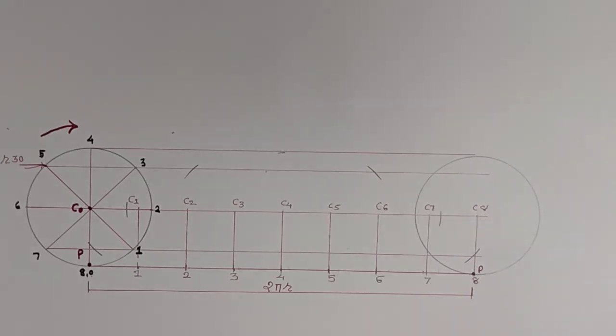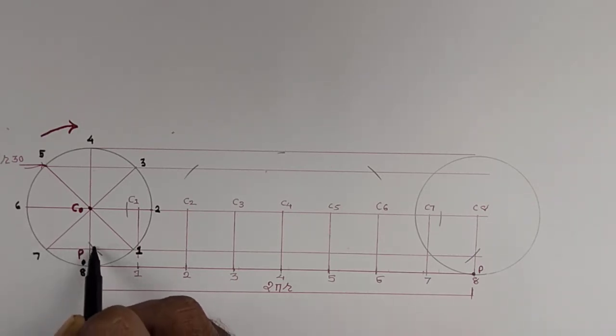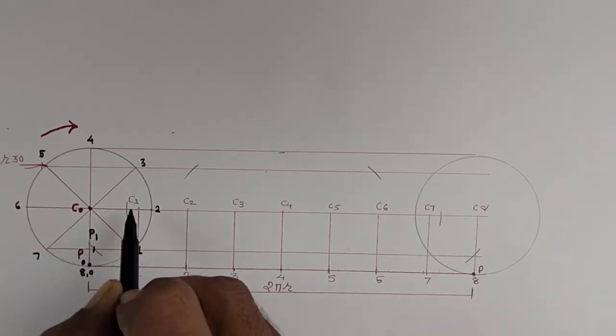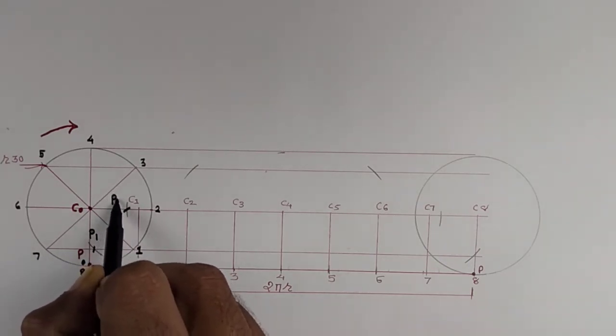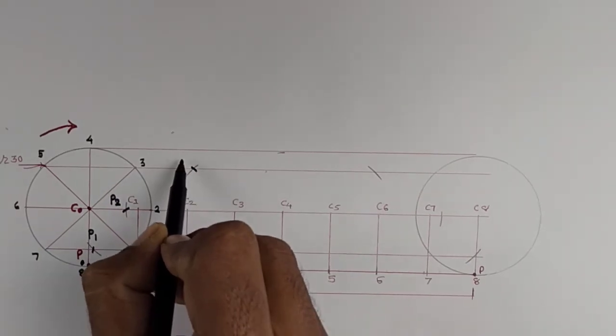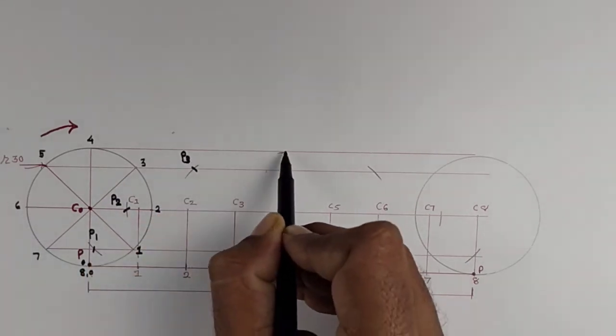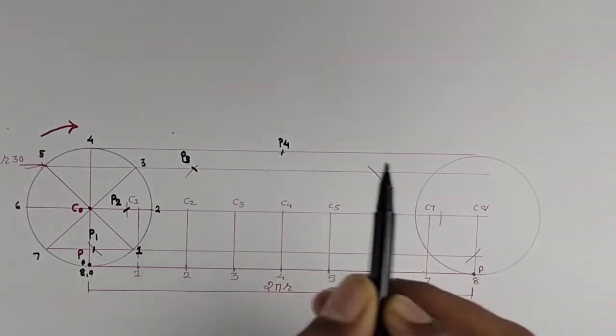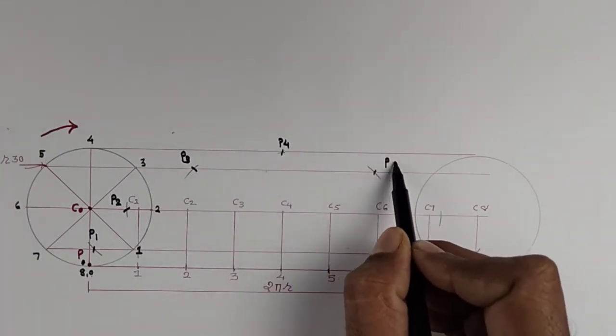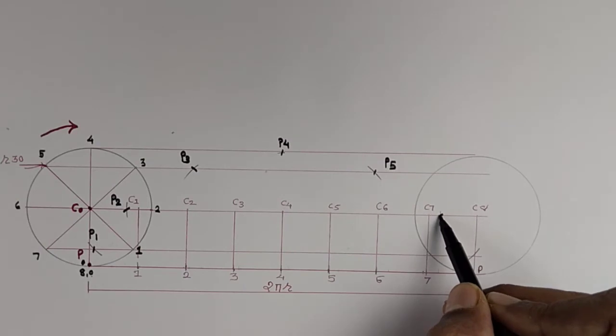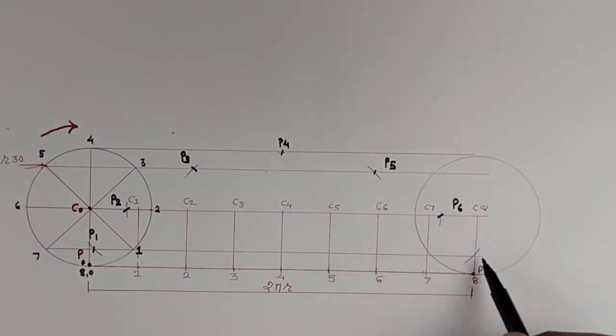So here we have the different P points for different positions. It is my P0, then P1, P2, P3, P4, P5, P6, P7 and P8.